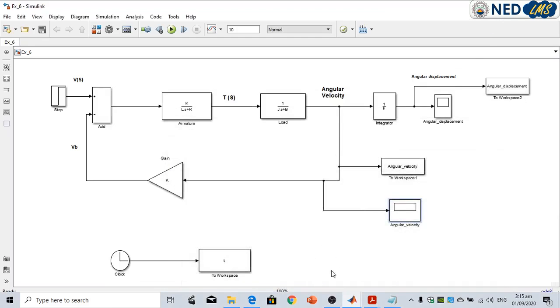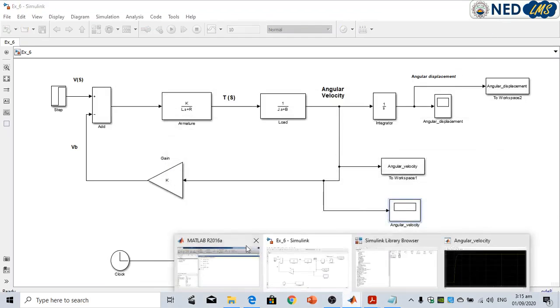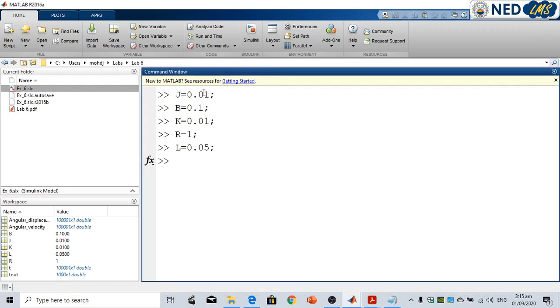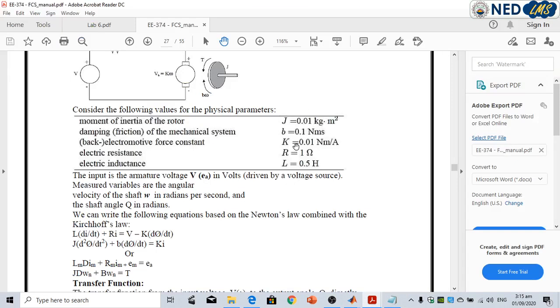Here in this case, for plotting, I have used these values for the elements of the electromechanical system. These values are given in your lab manual.